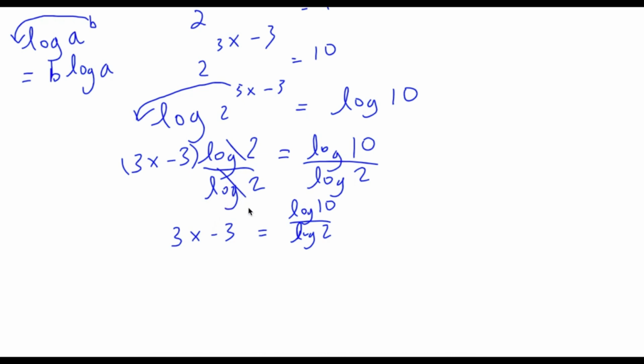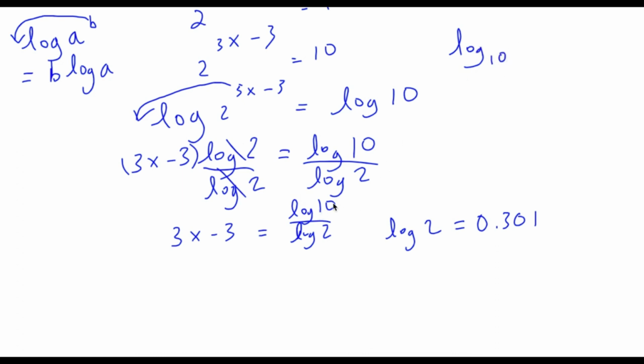Now, the value of log 2 is equal to 0.301. And log 10 is the same thing as 1, because any logarithm without a written base has a base of 10.